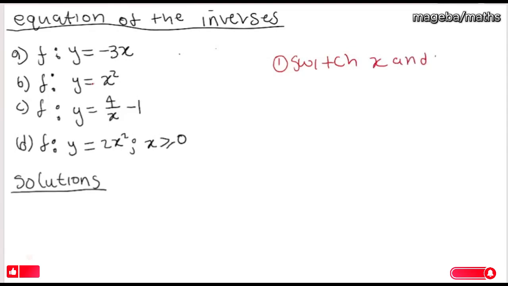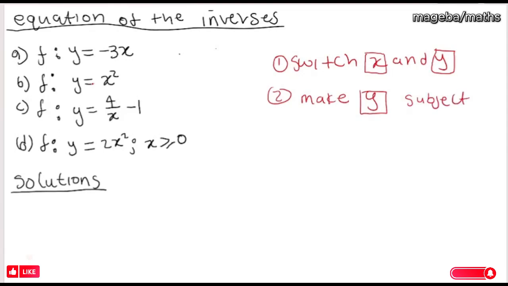So what does that mean, switching x and y? What was x is going to become y, what was y is going to become x, and then after that you need to make y the subject of the formula. That is very important after interchanging the x and y.